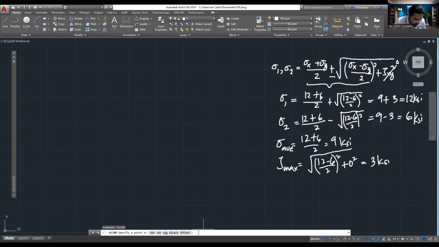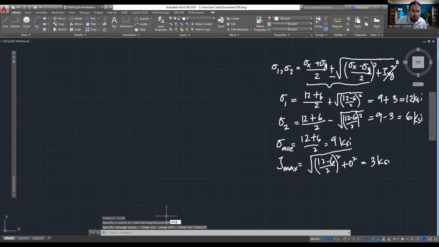I'm creating the Cartesian coordinate system. We create an X line and then a Y line. It's locking now.